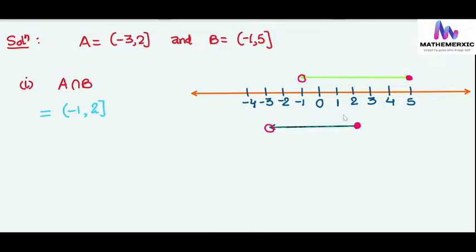Why have we done this? For A intersection B, obviously B is here and this is A. Here -1 belongs to A, but -1 does not belong to B. We have to understand that. So it will be (-1, 2]. Okay, this is the answer.